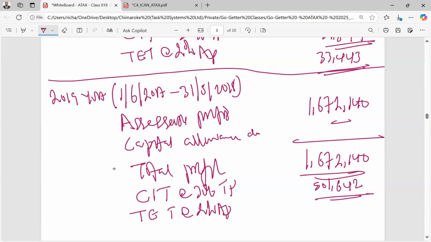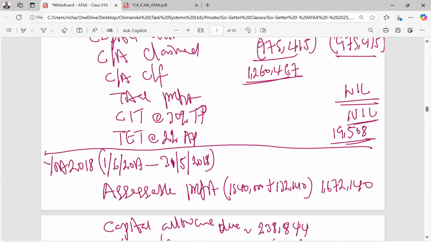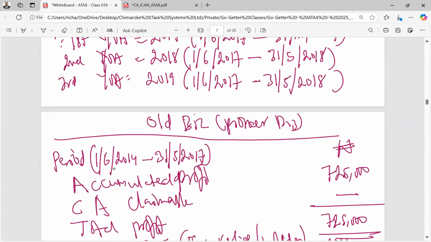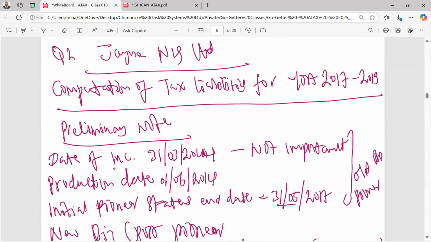We've calculated that before, which is 33,443. And that's how we come to the end of this question, because the relevant years of assessment, we said, is from 2017 to 2019.